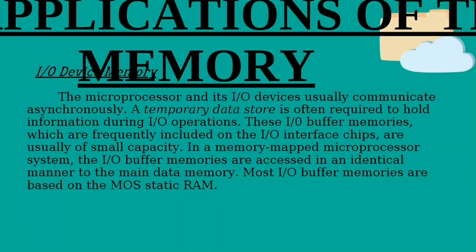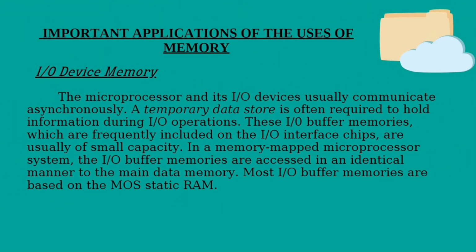The last important application of memory is the input or output device memory. The microprocessor and its input or output device usually communicate asynchronously. A temporary data store is often required to hold information during input or output operations.